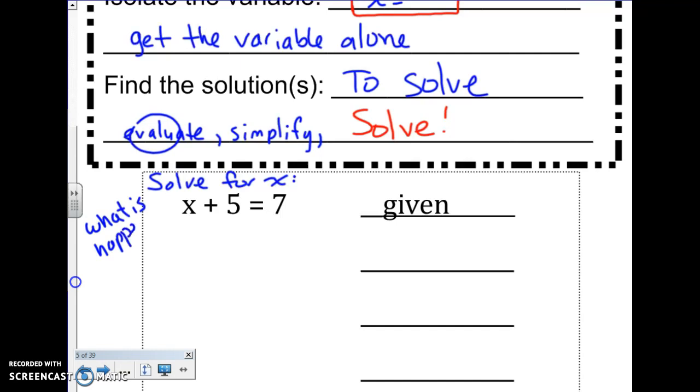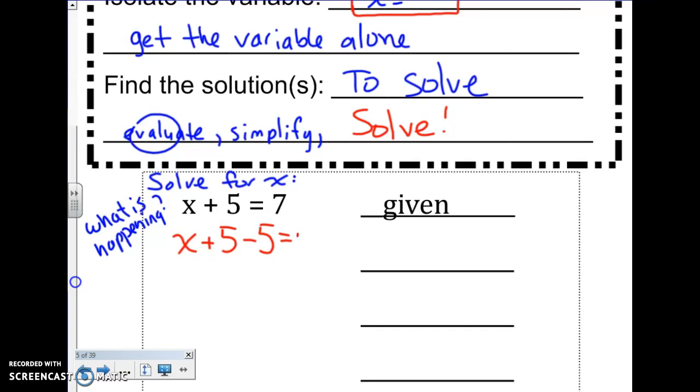I'm going to even write that down. It's very important. And then hopefully your answer is going to be, well, there's 5 being added. Well, what can I do to cancel out a plus 5? So you're going to rewrite it, x plus 5, and I know that if I minus 5, then that 5 is going to go away because they're additive inverses.